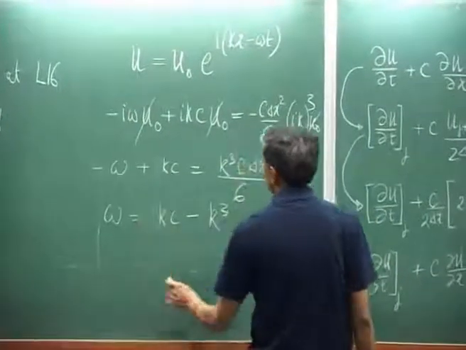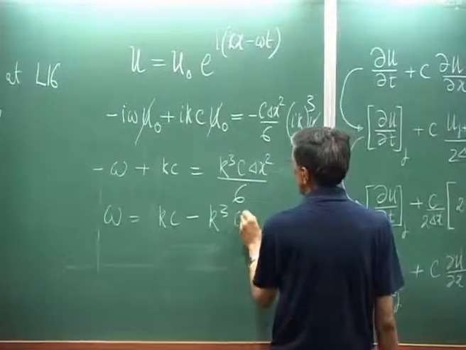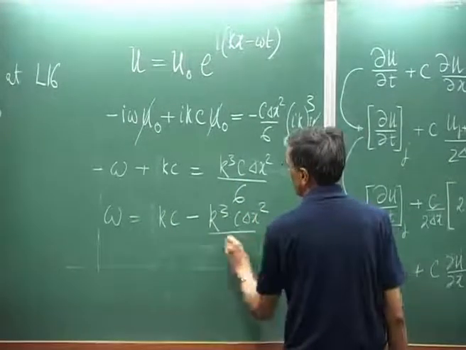So, omega equals k c minus k cube c delta x square by 6.